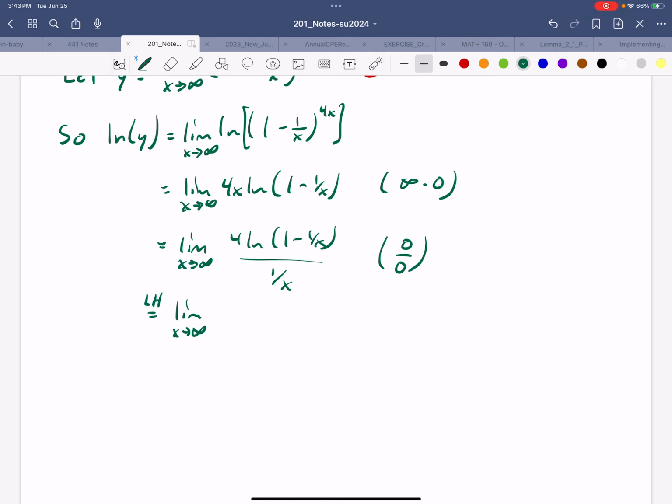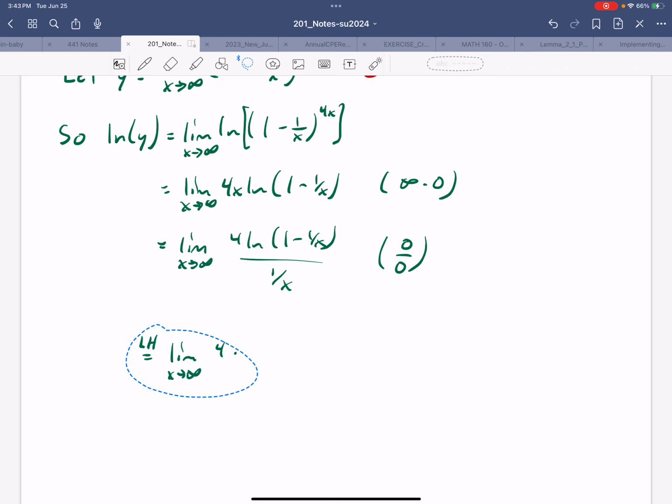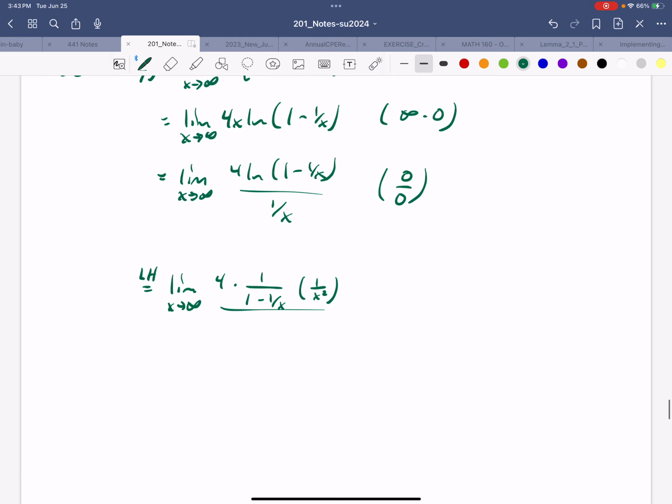So then we get 4 times 1 over 1 minus 1 over x, and then times the derivative of the top, which is 1 over x squared, because it's negative 1 over x squared. And the bottom is negative 1 over x squared. And we see where we're getting our negative from. The x squareds cancel, but the negative does not.